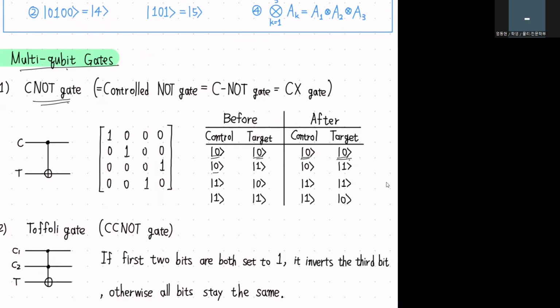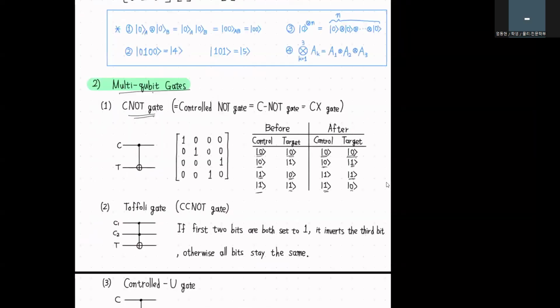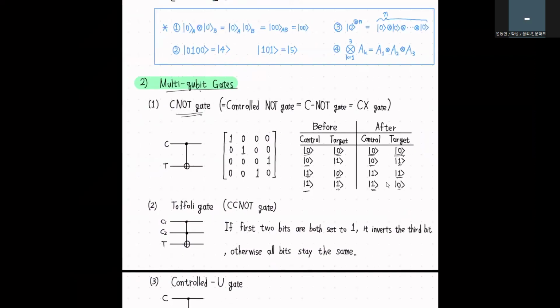And we have the same thing for control 0 and target 1, we have 0 and 1. Why? Because the control qubit is not in its control condition. But if the control qubit is in 1, we can see that we apply a NOT gate on the target qubit. If we represent this as a matrix, we can represent it in this form.